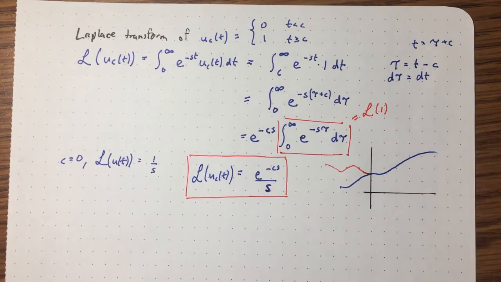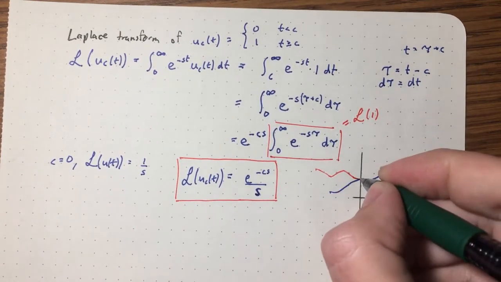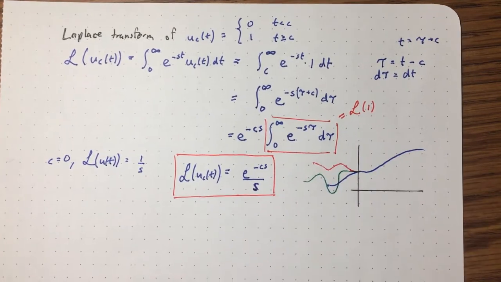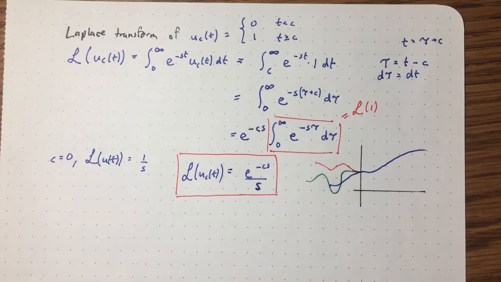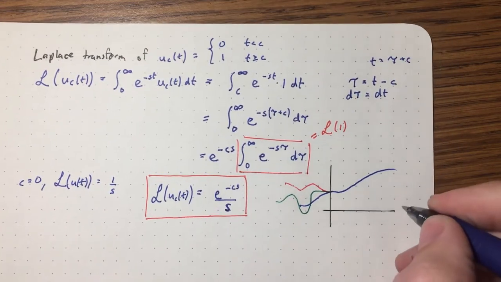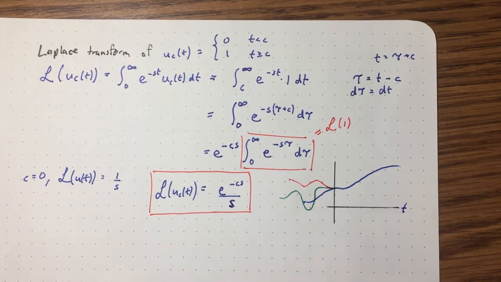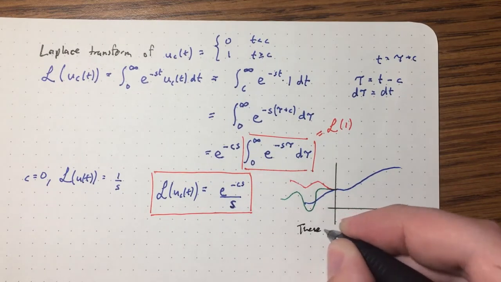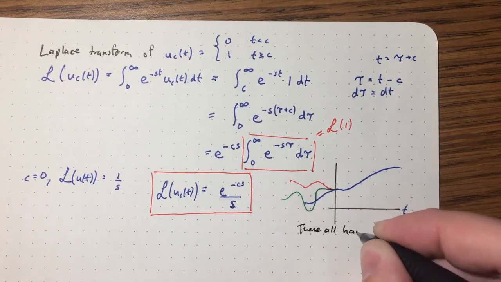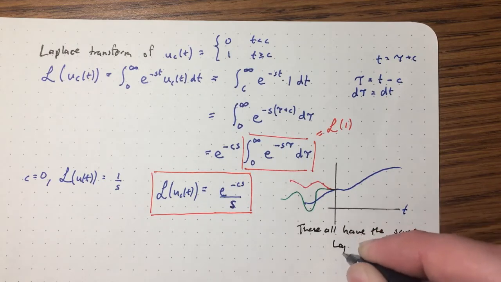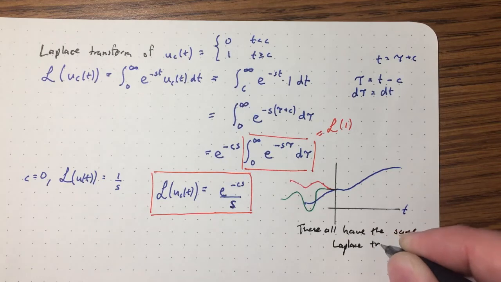Or I have another function that looks the same here, and then it looks like that. What can we say about these three functions? They all have the same Laplace transform.